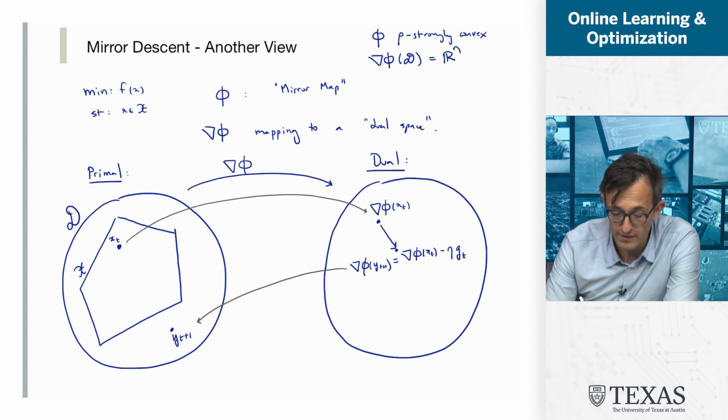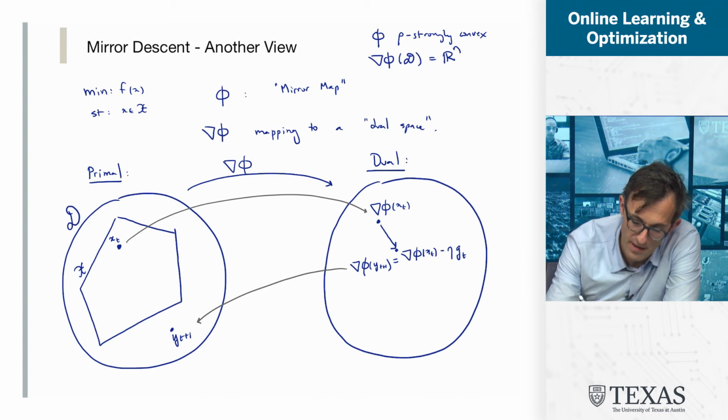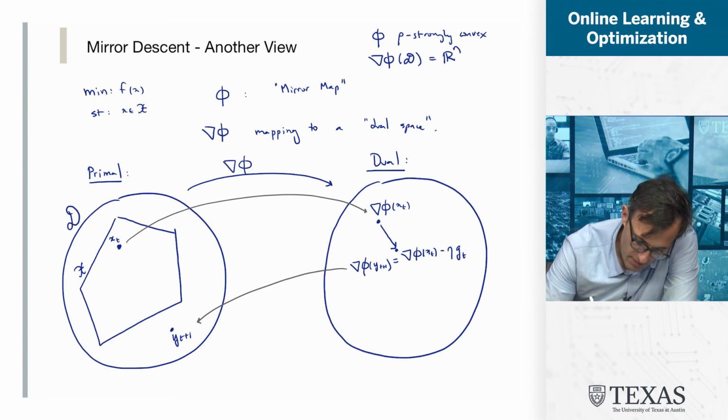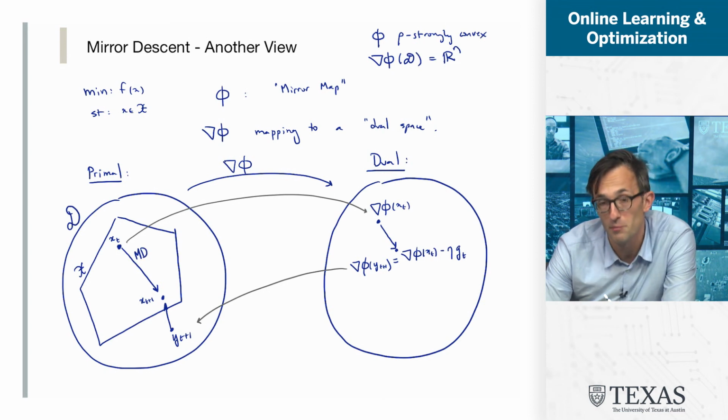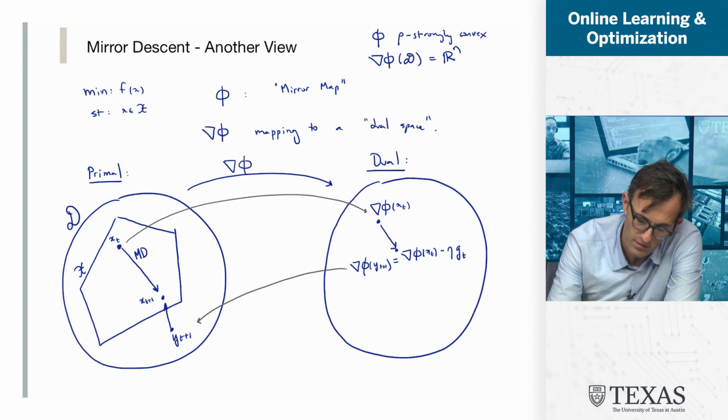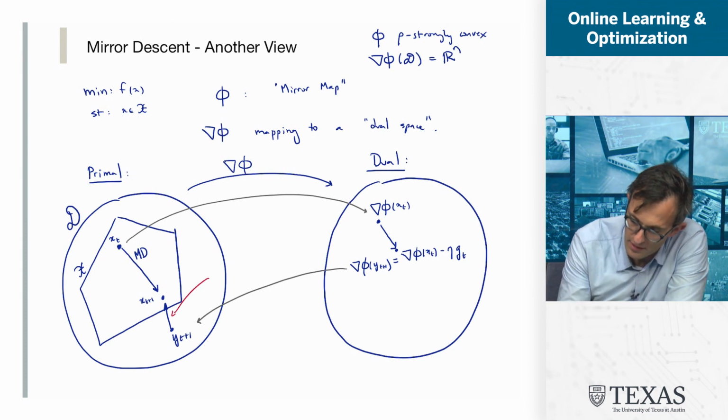Well, and now I finally just need to get myself back into my constraint set X, and this happens by projection. So I project, and this is my point xt plus 1. So the final movement in the primal, this is what the mirror descent algorithm accomplishes. It moves me from xt to xt plus 1. And what is this projection here?